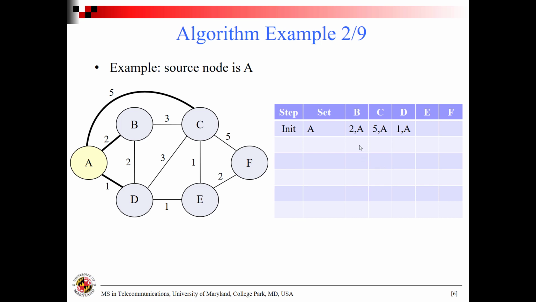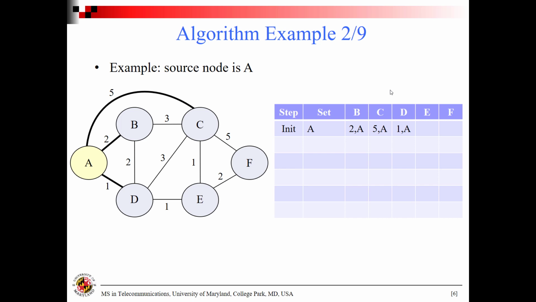So we can look at node B as a candidate. It has an associated cost of 2. Then node C has an associated cost of 5, and node D has an associated cost of 1. And at this point, the algorithm is not aware of nodes E and F. So to the algorithm, those 2 nodes don't exist, or you can also consider them as having a cost of infinity.